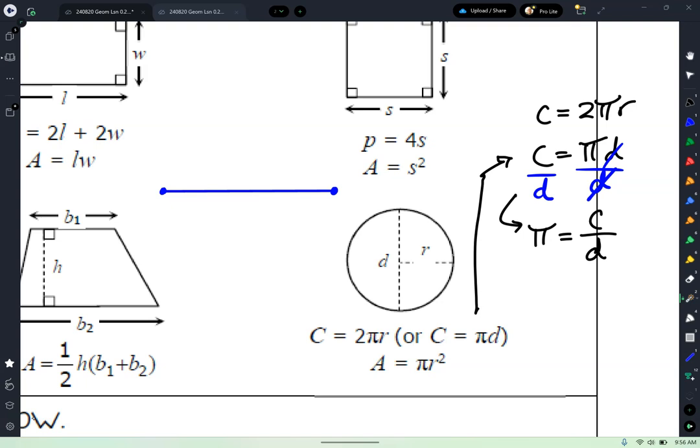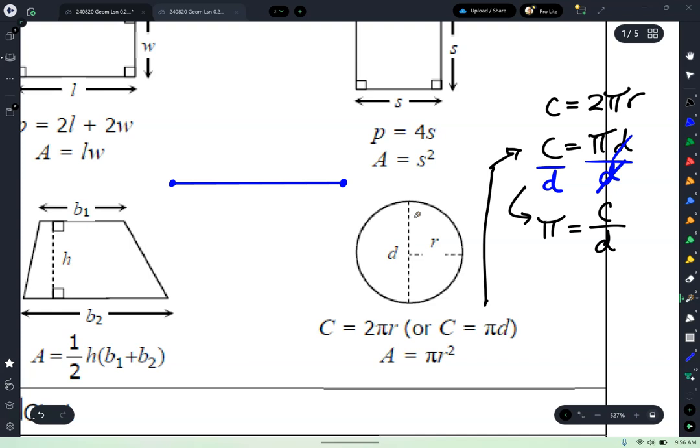Now, check it out. This distance right here is a straight line, right? We can put a point right there, and another point right there, and then a little teeny point right there.